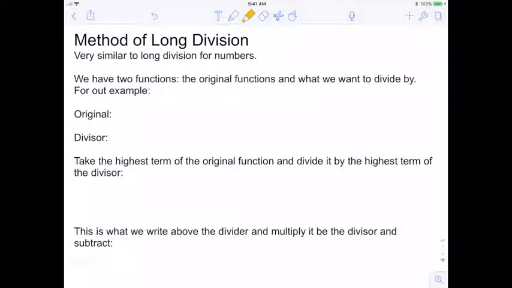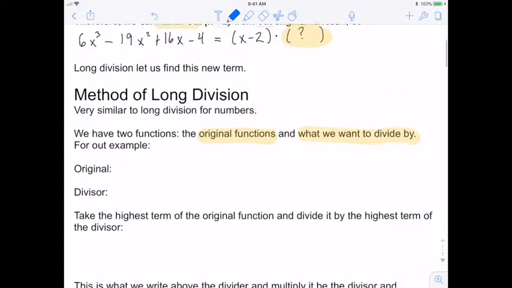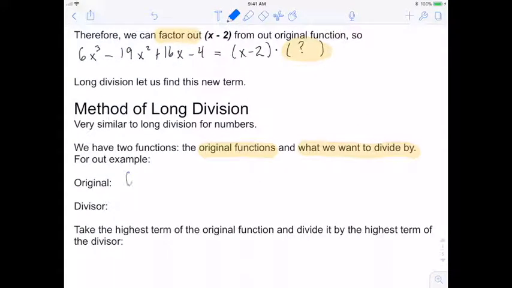So if we're dividing two things, then we'll have two functions that we need to consider. We'll have the original function and what we want to divide by, which we'll call the divisor. So for this example we're working out, our original function is this 6x cubed minus 19x squared plus 16x minus 4, and the divisor is what we want to pull out, which is x minus 2.